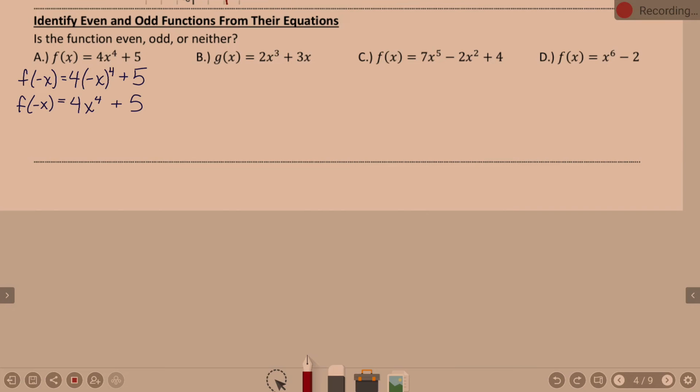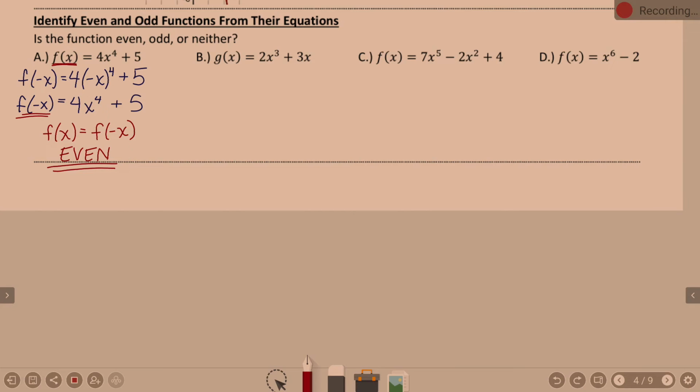Yeah, we did. We had f of x, and we got f of negative x, and they are the same. If you look up at the top, if f of x equals f of negative x, then my function is even. In other words, if I were to graph this, it would be symmetric across the y-axis.